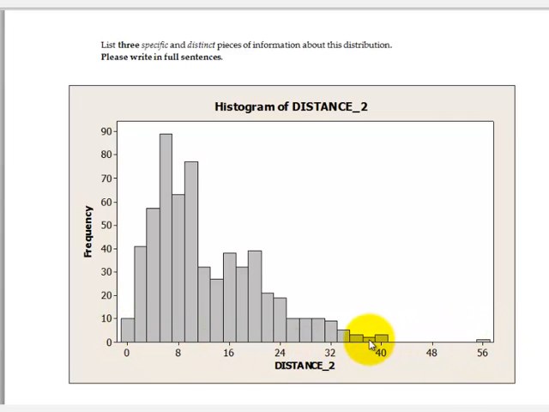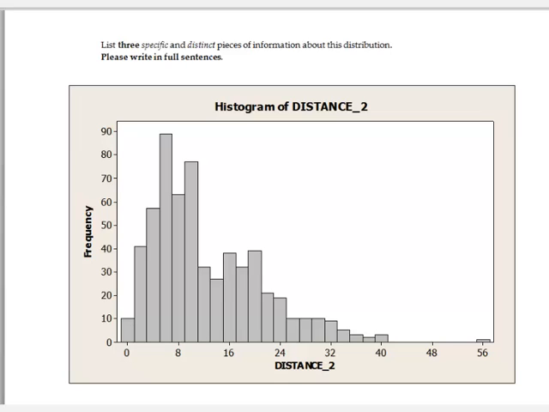It's very far away from the rest of the data, so we say this is a possible outlier to the right. Now sometimes a data set may have no outliers. Sometimes a data set may have outliers to the left and to the right. But for this distribution, we would say this is a possible outlier to the right. Now how do we determine if it's an actual outlier? We'll discuss that when we get to box plots.